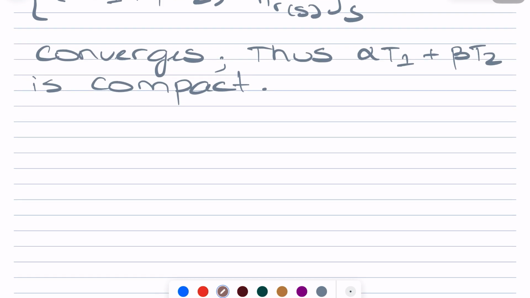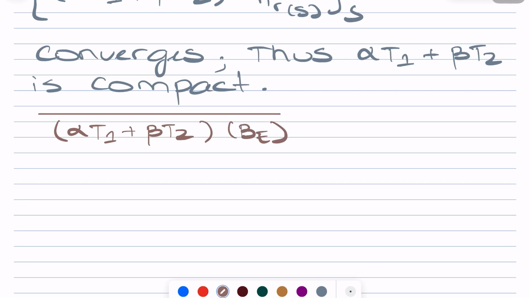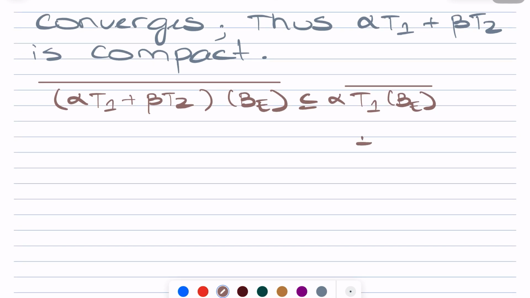Another approach would be to see that the image of the closed unit ball via this linear combination of the compact operators has its closure contained in the closure of alpha T1 B_E plus the closure of beta T2 B_E.